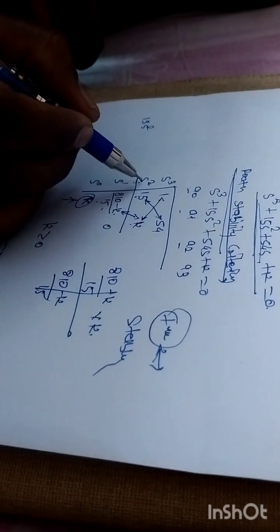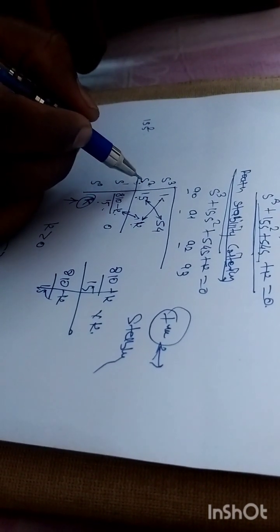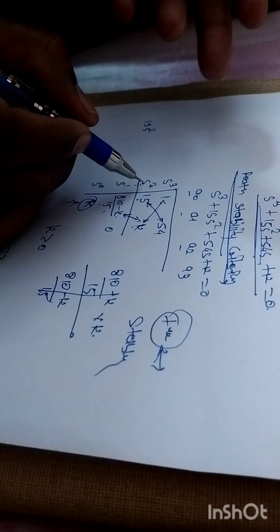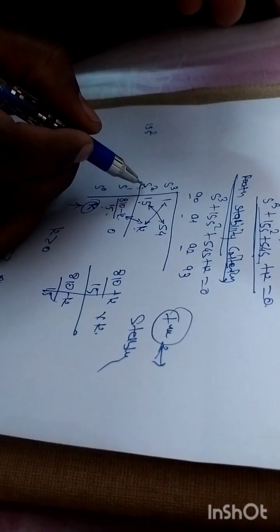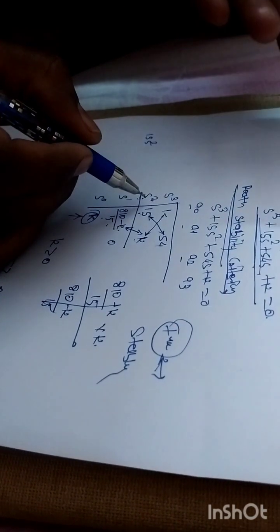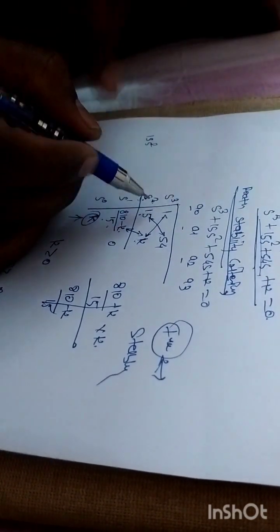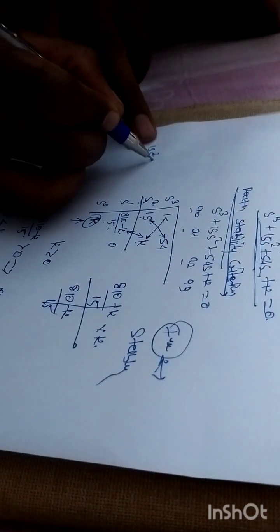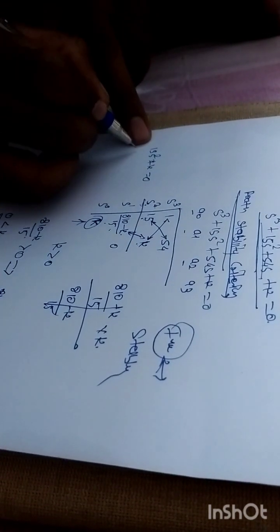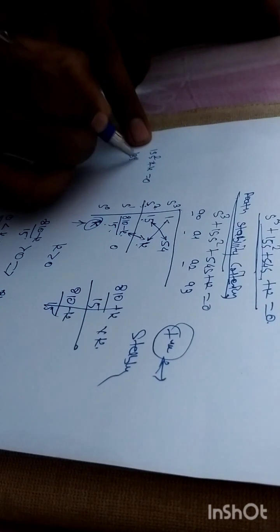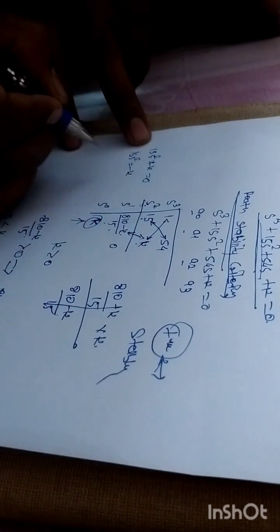Then immediately after this s raised to 2, the next lowest power in terms of even count will be s raised to 0. So it will become 15 s square plus k equals 0. That can be rewritten as 15 s square equals minus k.